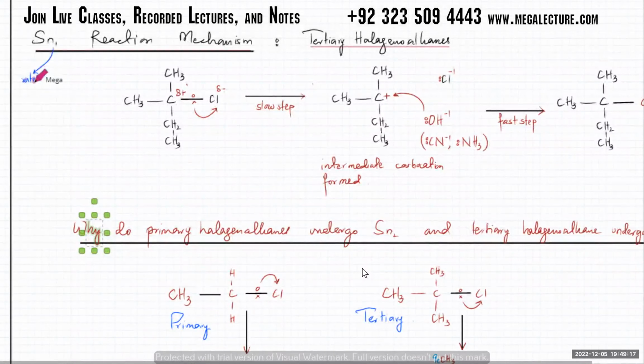So rate only depends on the halogenoalkane concentration and not on the nucleophile concentration. Okay, so it does not actually depend. Rate depends on only one reactant.